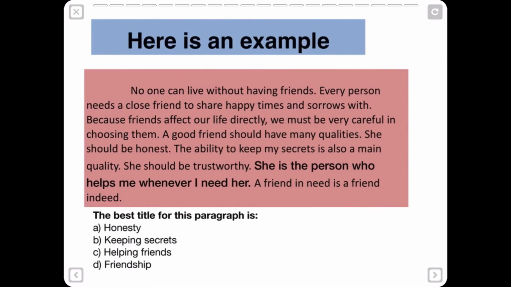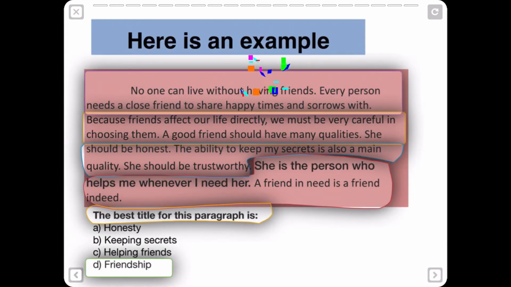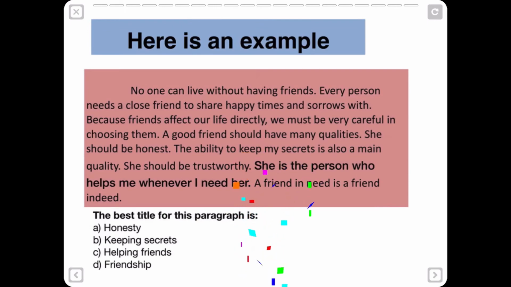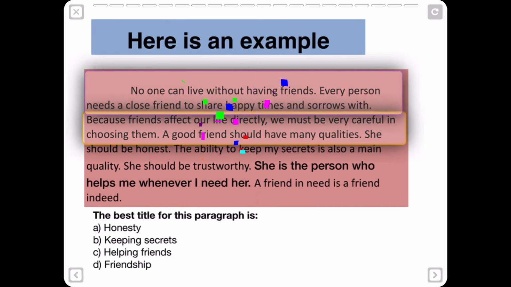Here is an example. Read the paragraph and after that find out the best title. No one can live without having friends. Every person needs a close friend to share happy times and sorrows with. Because friends affect our life directly, we must be very careful in choosing them. A good friend should have many qualities.